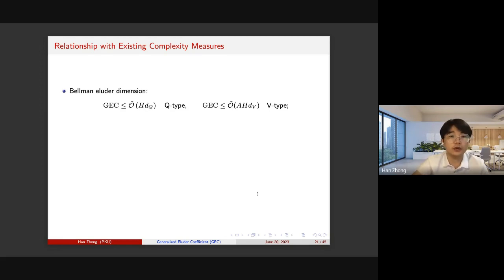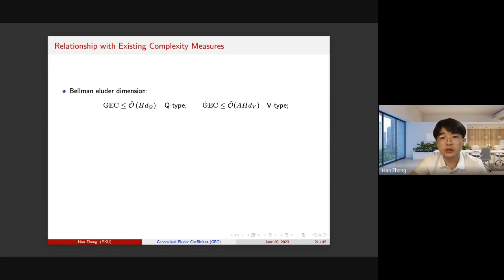For example, for the Bellman-Eluder dimension, we can show that the GEC is bounded by O tilde H d_Q. Here d_Q is the Q-type Bellman-Eluder dimension, and the O tilde omits some log dependence on T and epsilon.